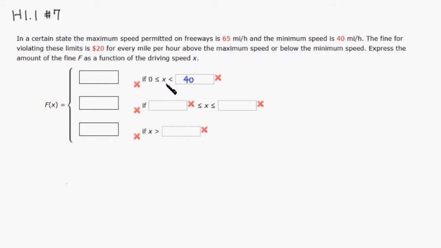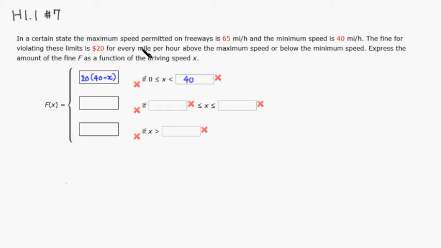The difference between 40 and X is 40 minus X. This is the difference between the actual speed and the minimum speed, and then you just have to multiply by 20, because it's $20 for every mile per hour.